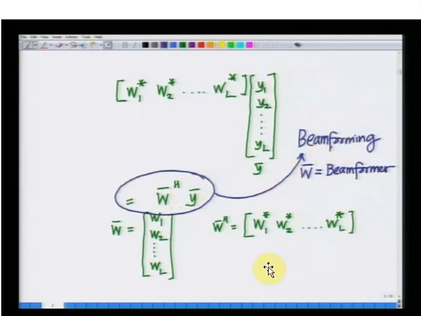The beam is given by W bar, and W bar Hermitian is the conjugate transpose of these values ranging from W1 to WL. We use the W notation because beamforming is performed with weight vectors.